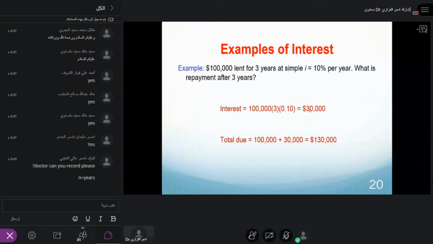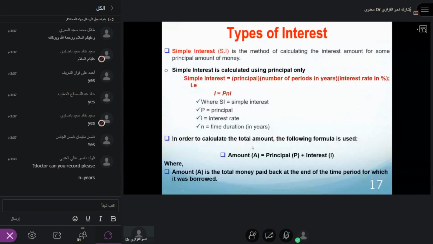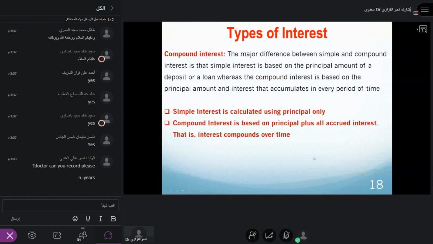After 3 years, the interest will become $30,000. So the total amount that is due, the total amount that you pay the dealer or the person that is lending this money to you, if you remember our formula, will be the principal plus the interest. So the principal is $100,000 and the interest is $30,000.